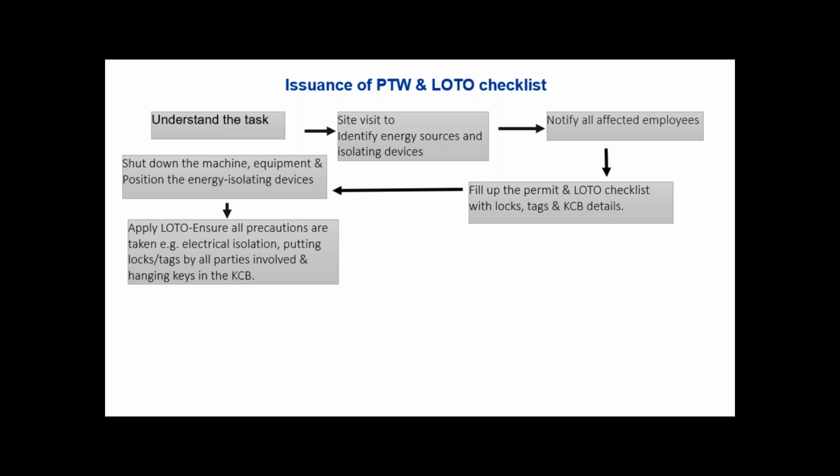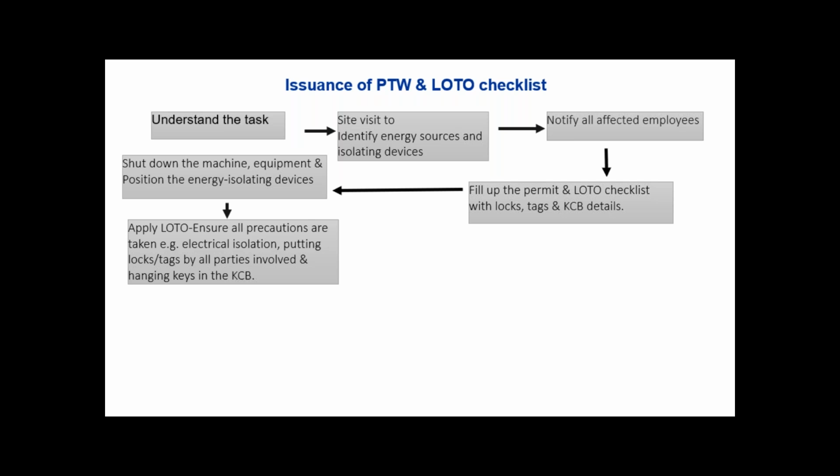Then apply the LOTO, that is you have to lock that equipment, you have to lock that machine, you have to lock that energy source, you have to apply the tags with the details like the name of the person, date, time, and the specific message like do not operate or do not turn on this particular button, etc. So ensure all precautions are taken.